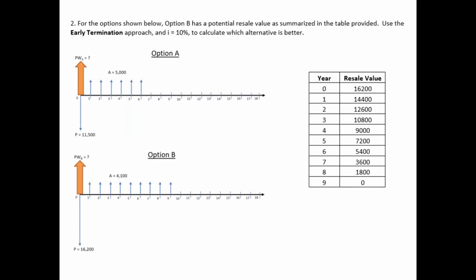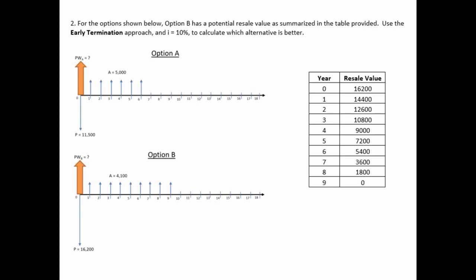Okay. So here is the second part of today's in-class exercise, and what you need to do is find out which alternative is better, option A or option B. And what this table is meant to illustrate is you initially buy it for $16,200.